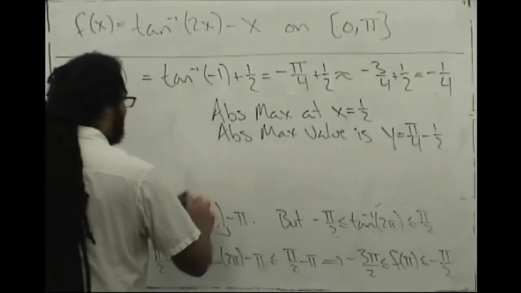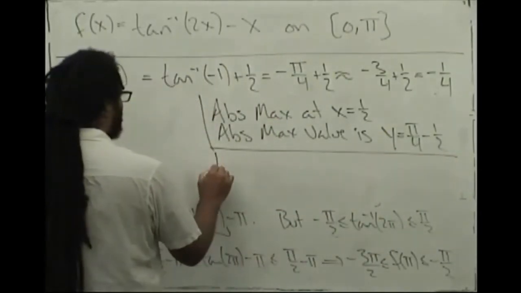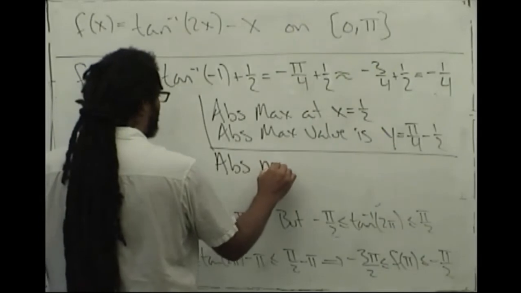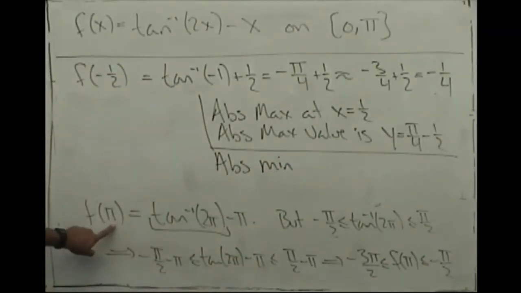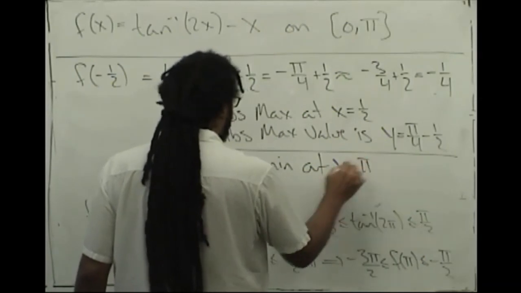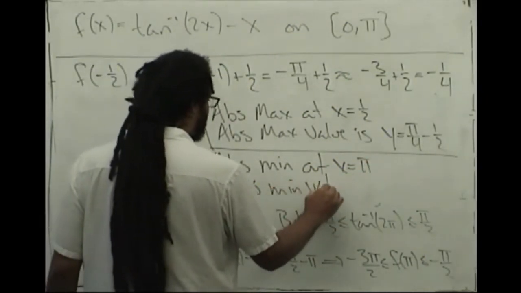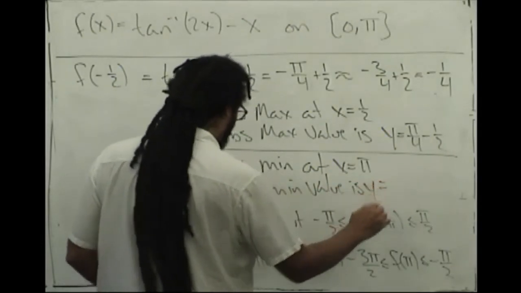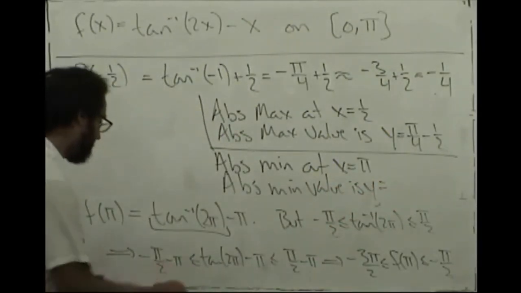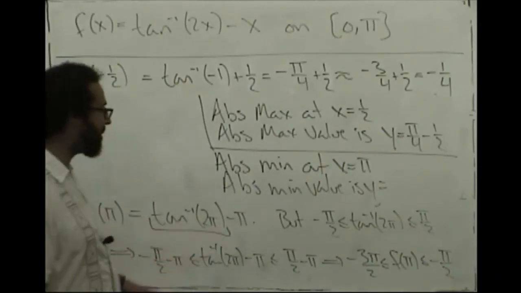And then for the absolute minimum, that's going to be at x equals pi. And the absolute minimum value is y equals tangent inverse of 2 pi minus pi.